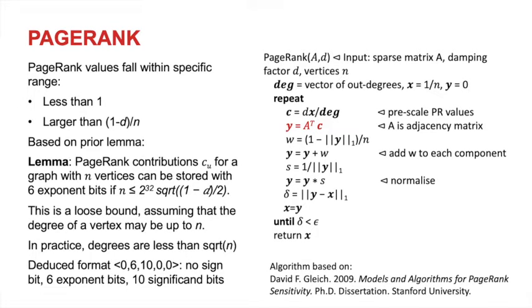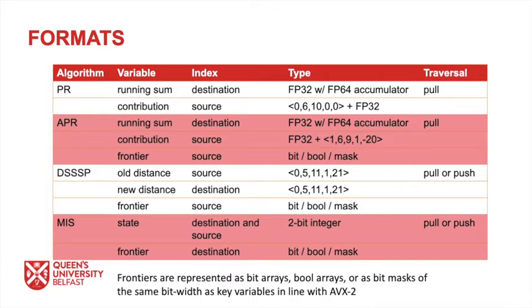So there's a process that we've presented for the PageRank problem, and we have applied a similar process to some other graph algorithm problems. So we did this for accelerated PageRank, which is a variation on the PageRank problem that carries through differences in the PageRank values rather than the actual values themselves, and that changes the range of the numbers that we will be working on.